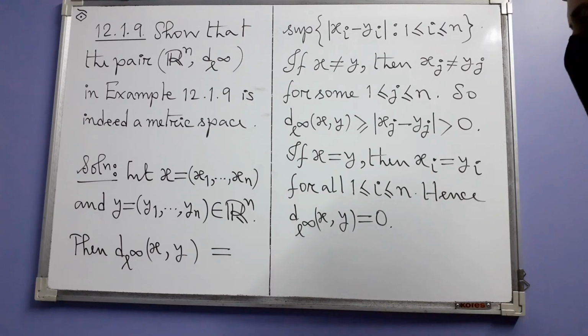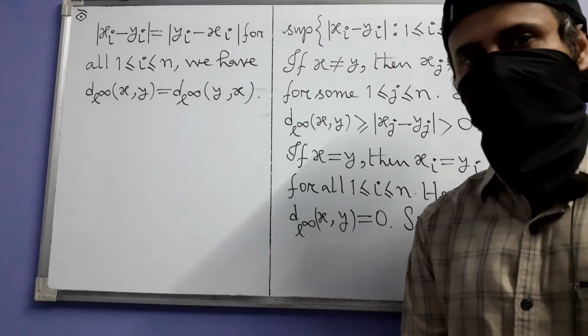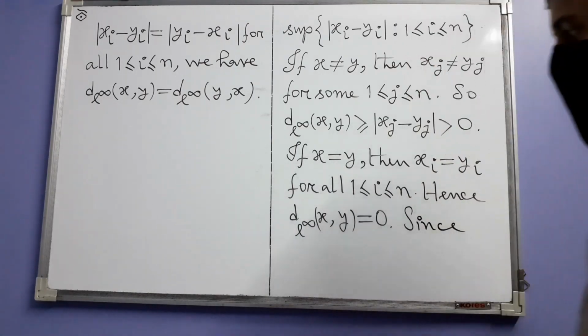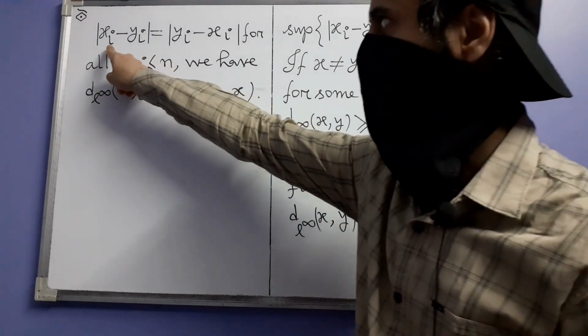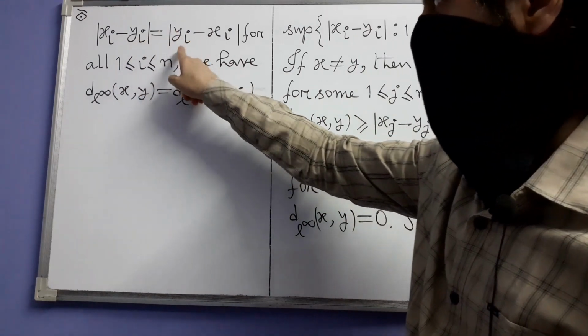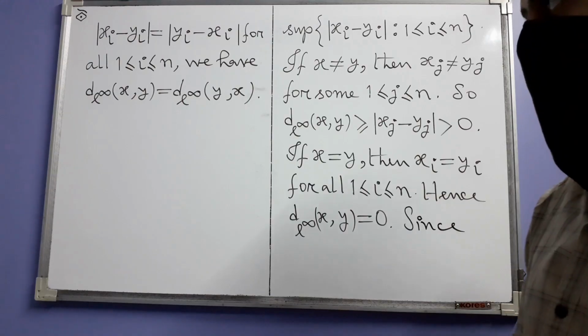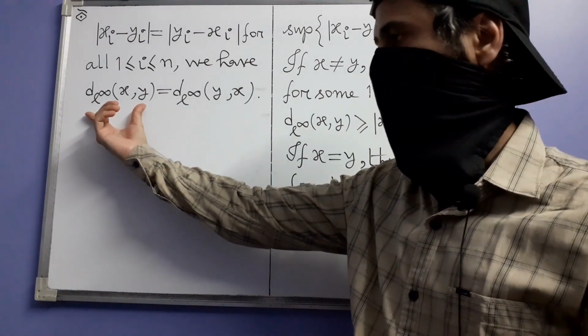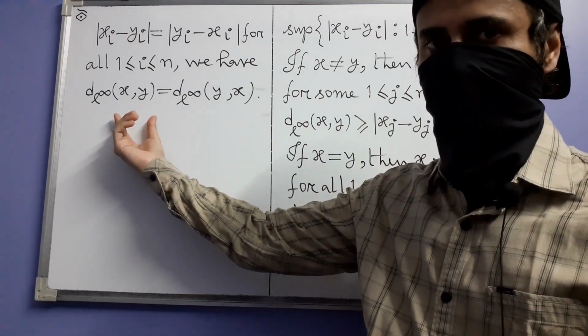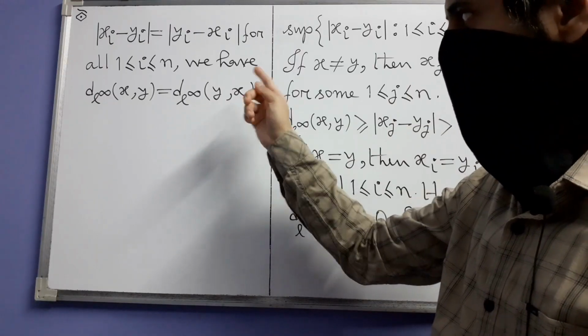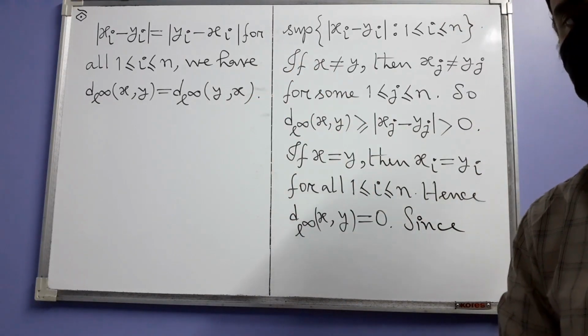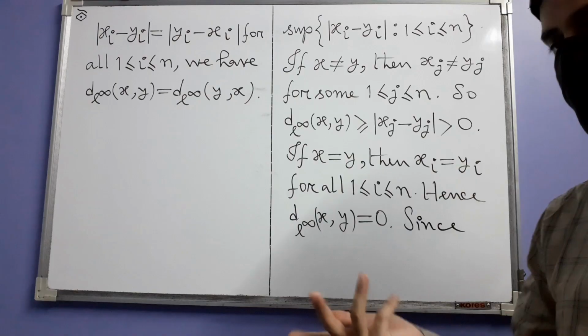Next we go for symmetry. Symmetry is equally easy since mod xi minus yi is equal to mod yi minus xi for all i. That is why the dl infinity distance of x comma y is equal to the same distance of y comma x. So that's why we also have symmetry.